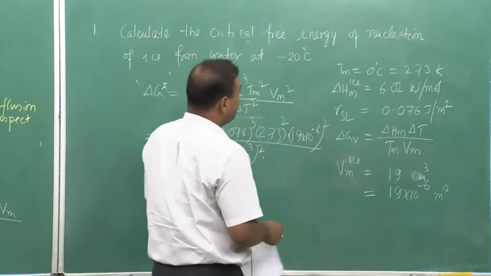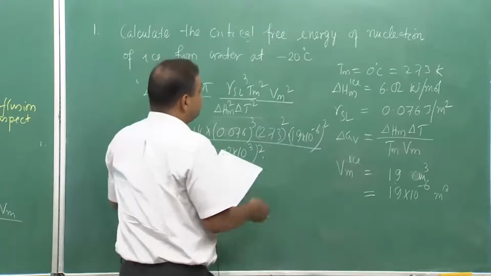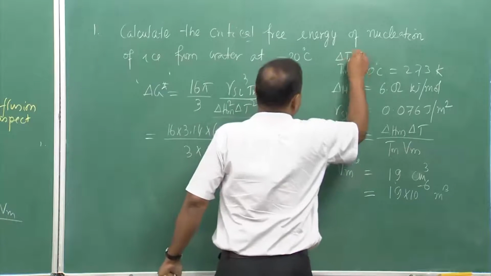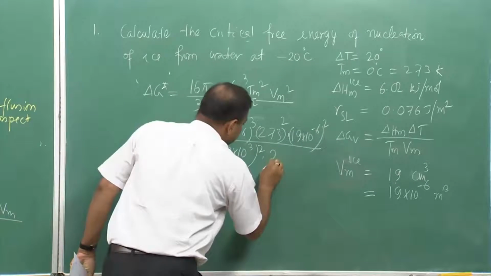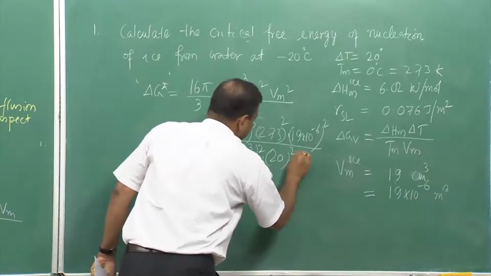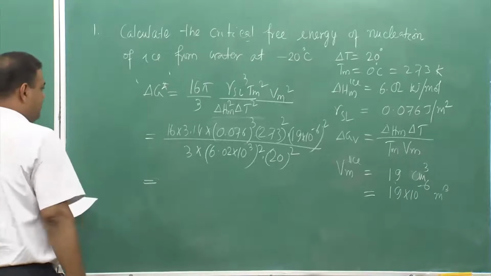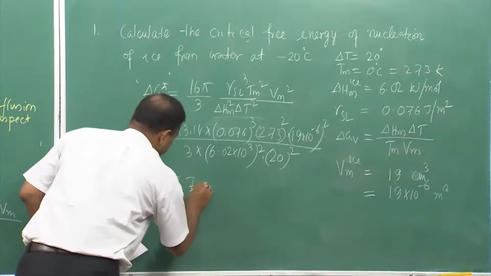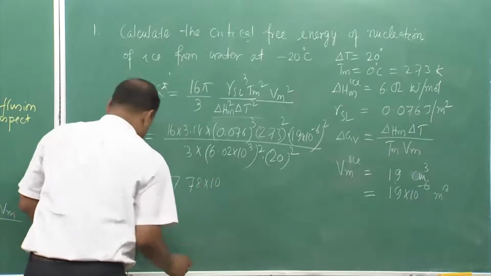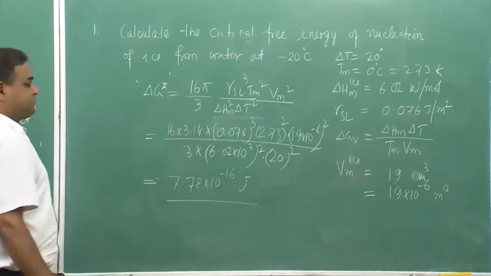Here I am saying minus 20 degree Celsius, so my delta T would be 20 Kelvin, square. Now if you do this simple calculation, you would get 7.78 into 10 to the power minus 16 joule. So, this is the expression.